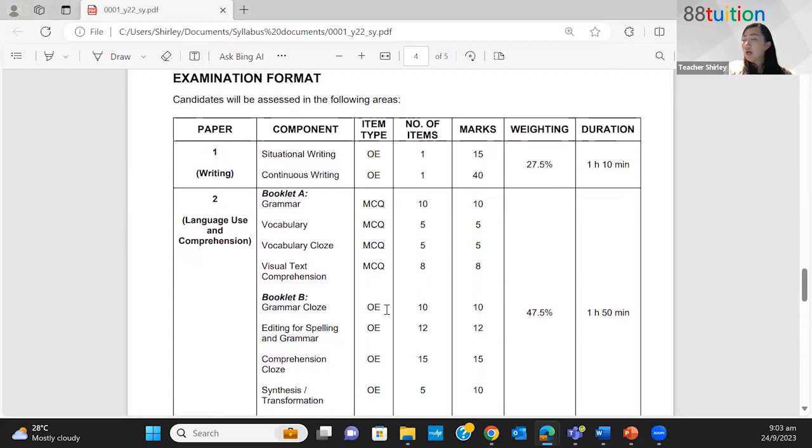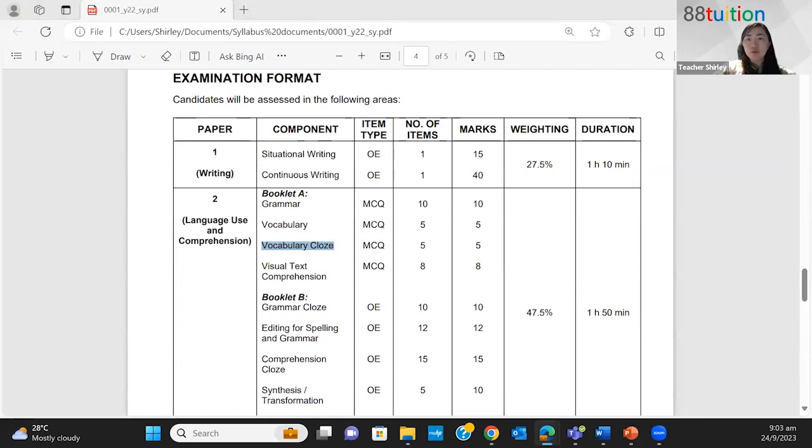Okay, the vocabulary cloze here. Oh, okay, there are two cloze passages basically. There's a comprehension cloze, which is very much like your vocabulary cloze. And then there's another vocabulary cloze here. This vocabulary cloze is 5 marks. Okay, it's 5 marks and it has MCQ questions.